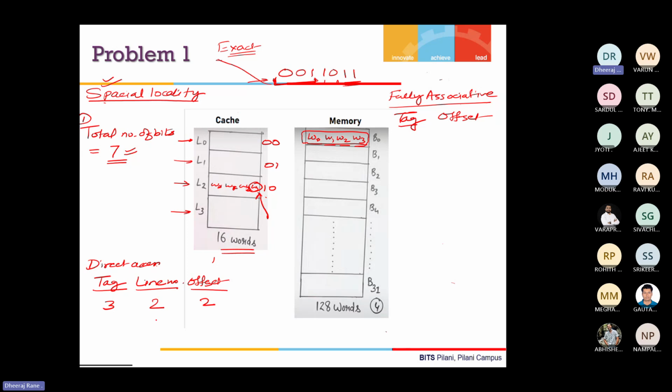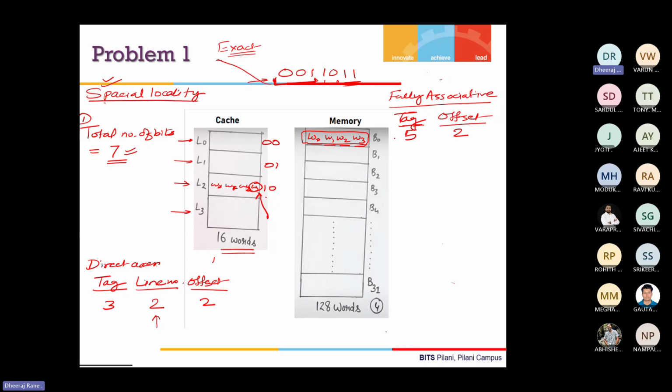Here in direct access, there was a specific line number where the data can be placed, and that's why we need to consider the line number. While in case of fully associative, I just have to consider the offset, because that's very much required to pick a specific word. So 2 bits will be required for offset because 4 words are there. And whatever remains, because it is fully associative, you can put the rest of the bits into tag.